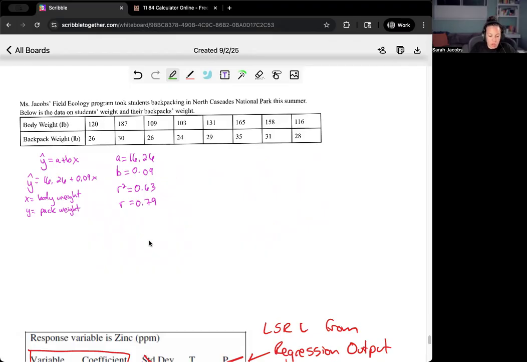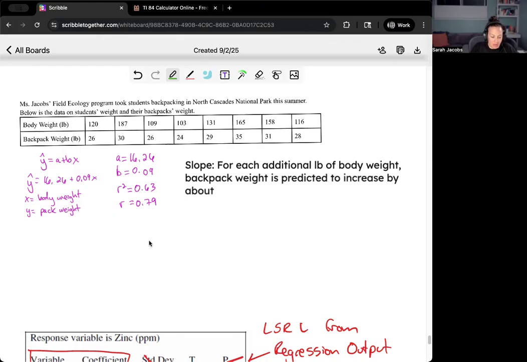So our slope, we could interpret it as, for each additional pound of body weight, backpack weight is predicted to increase by about 0.09 pounds on average, right?